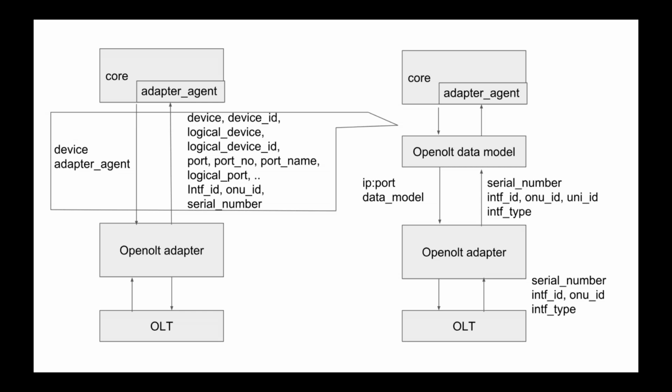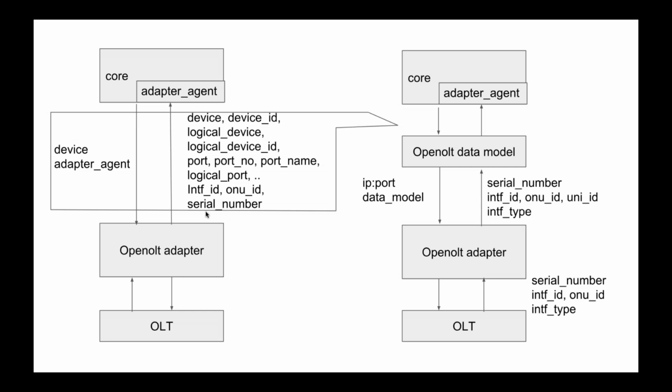Ports are referenced by the port object, port number, port name. Similarly for the logical port. Sometimes ONUs are referenced by the device object or this device ID, or sometimes by the interface ID, ONU ID, or sometimes by serial number.